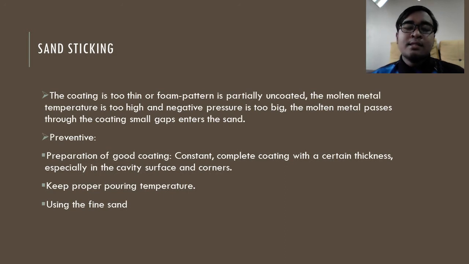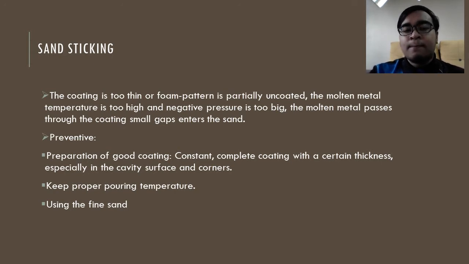The cause for the sand sticking is that the coating is too thin, or the foam pattern is partially uncoated. The molten metal temperature is too high and the negative pressure is too big. During the casting process, the molten metal enters the sand through a small gap.